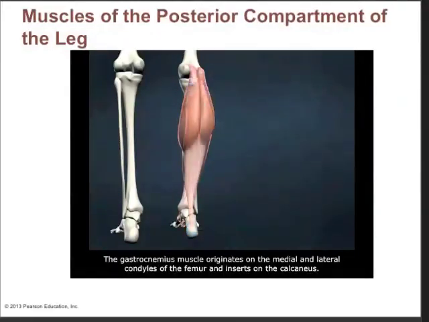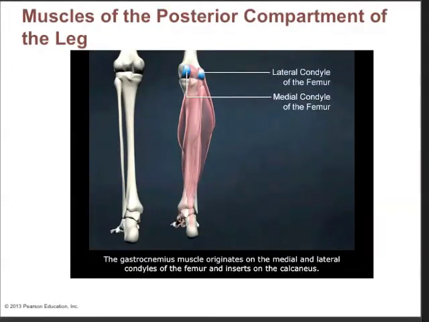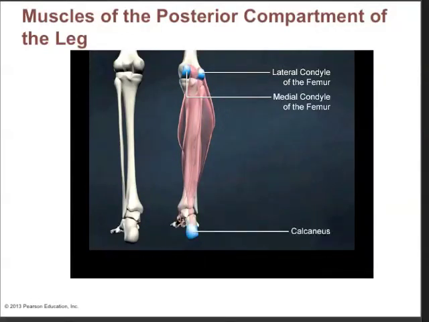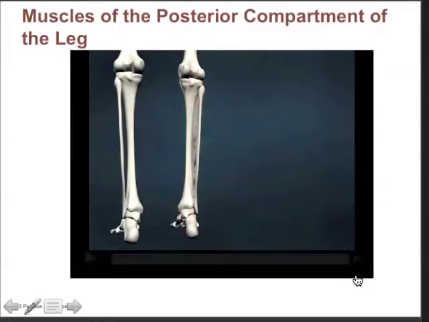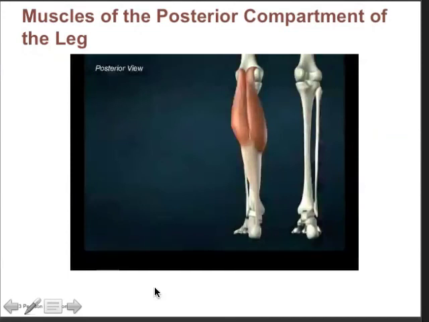The gastrocnemius muscle originates on the medial and lateral condyles of the femur and inserts on the calcaneus. Gastrocnemius is the large superficial muscle occupying the posterior compartment of the leg.